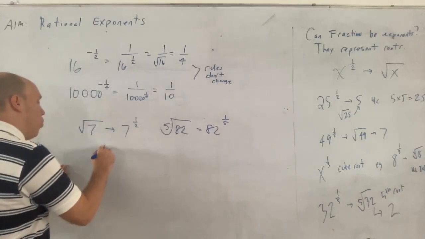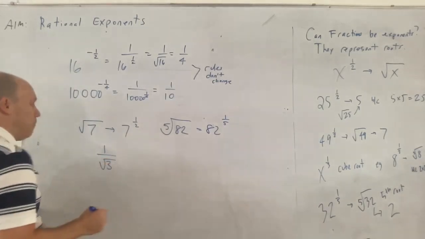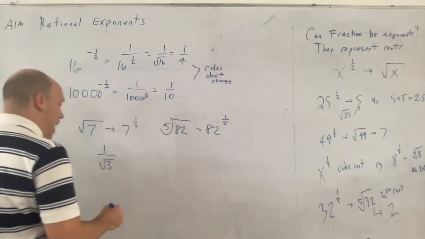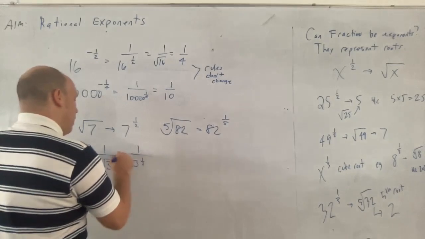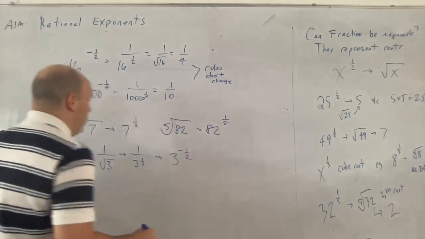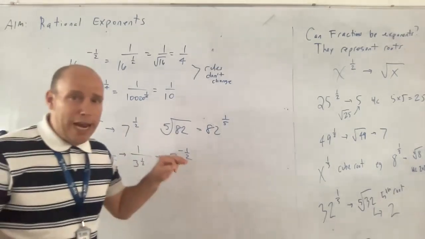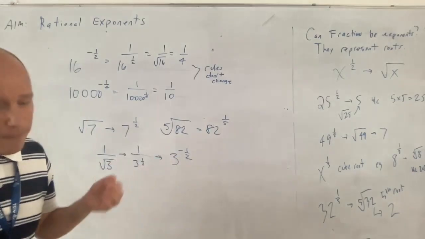How about 1 over the square root of 3? Well, immediately that's 1 over 3 to the 1/2, and maybe that becomes 3 to the negative 1/2. Once again, the rules don't change. It's just different forms. We're just exploring the different representations. That's it.